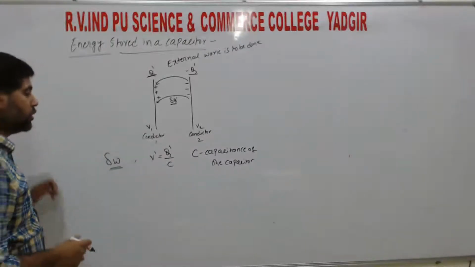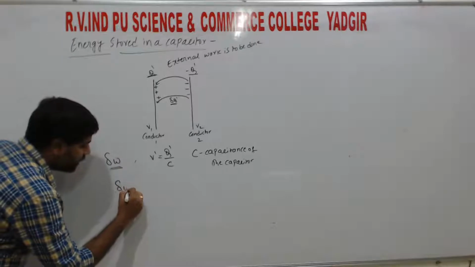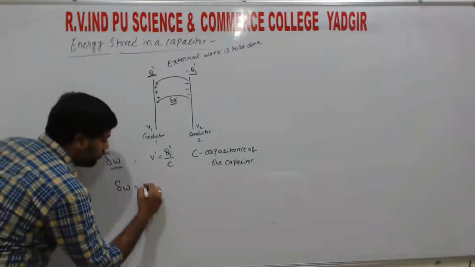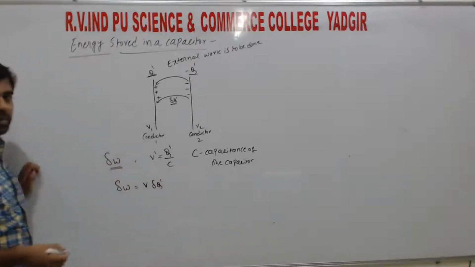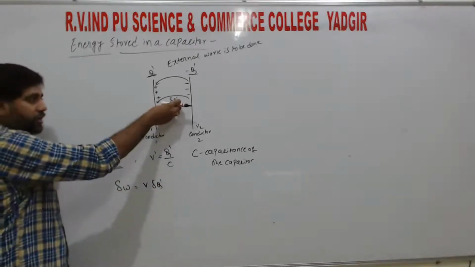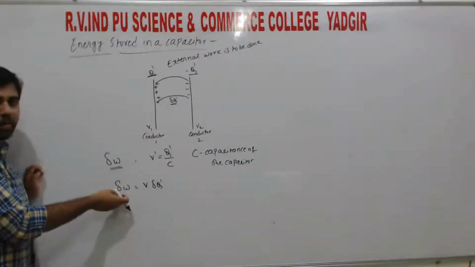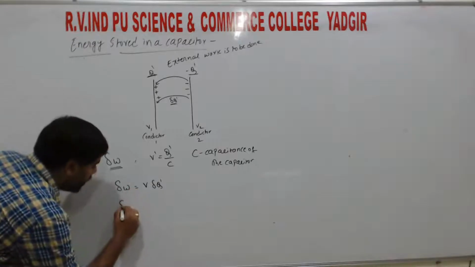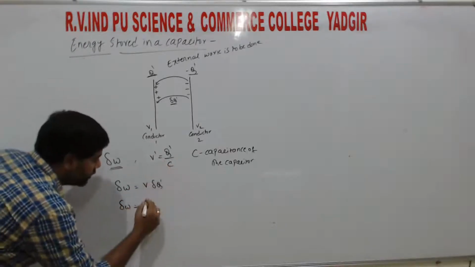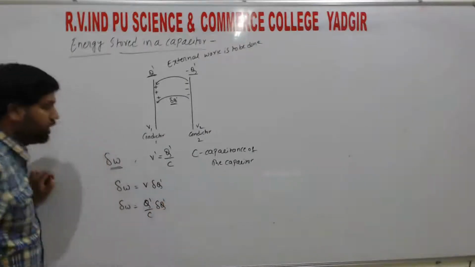So now the small work done we write as delta W is equal to V dash into delta q dash, right? We are shifting the small charge from the second plate to the first plate, hence it does a small work. So delta W is equal to q dash by C into delta q dash.